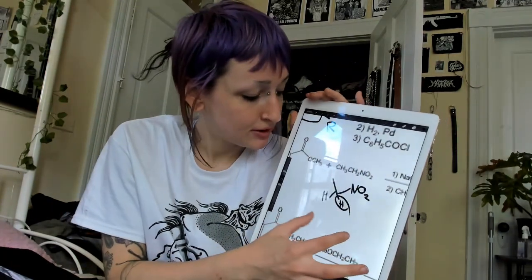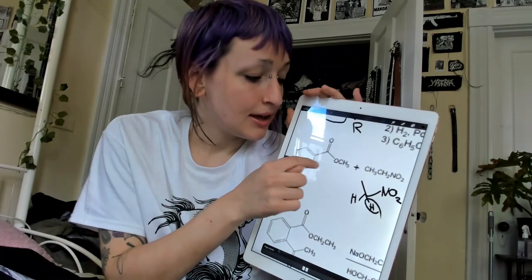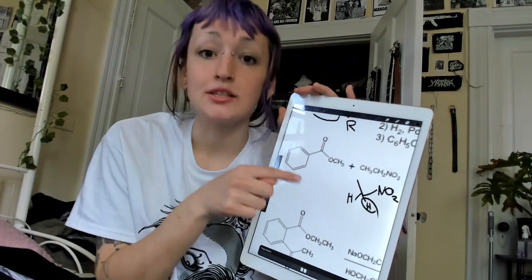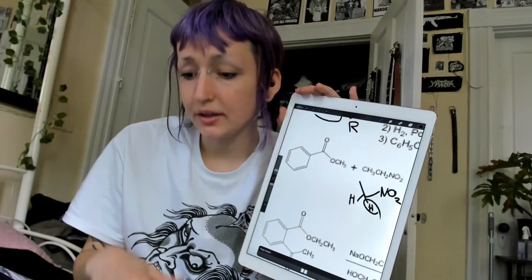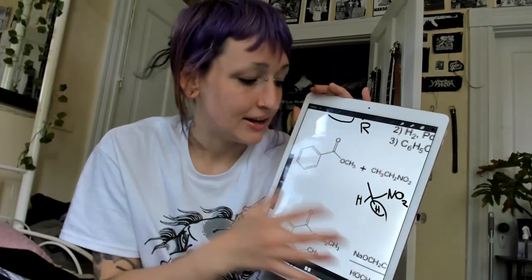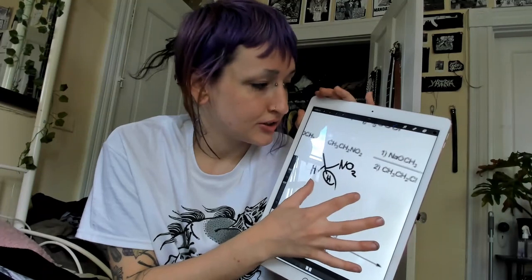And if you look at this one here, this is an ester, and there are no available alpha hydrogens to this ester, so we're going to be doing a mixed Claisen reaction. It's Claisen-esque. So what's the first thing that's going to happen?